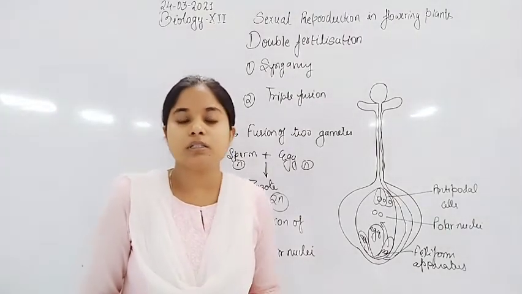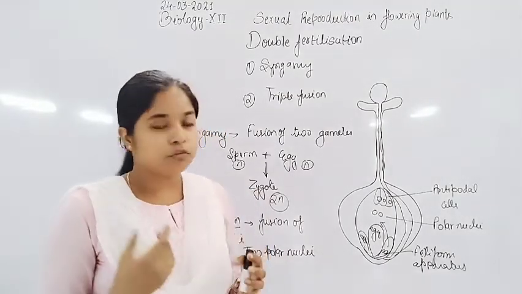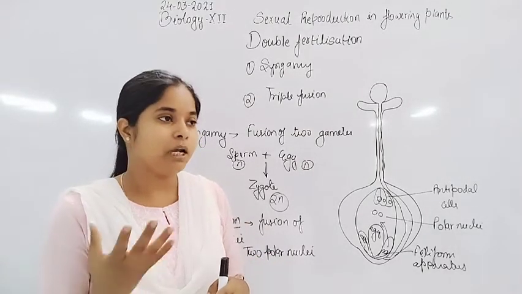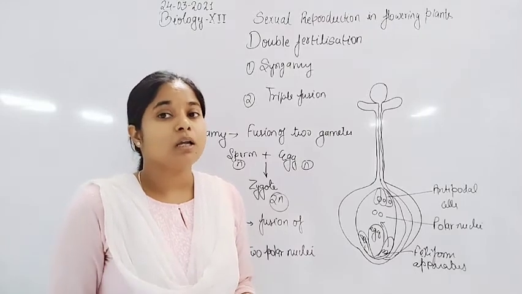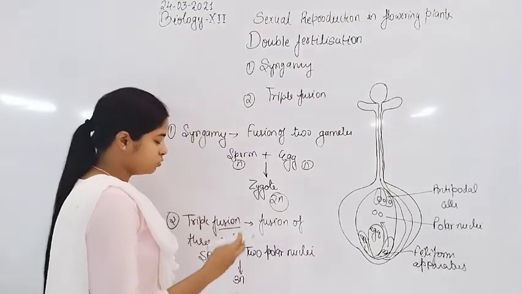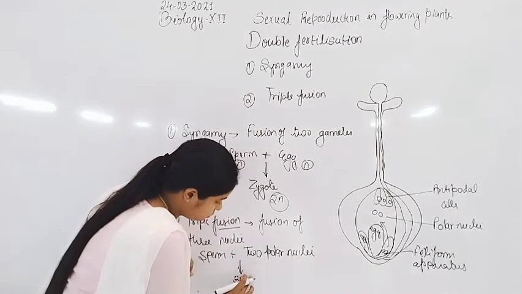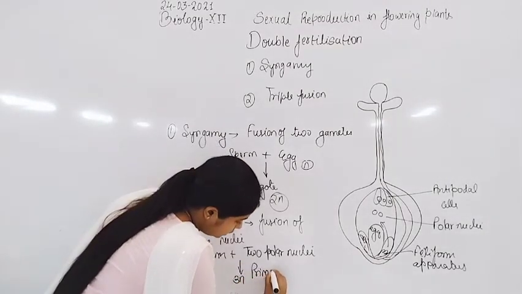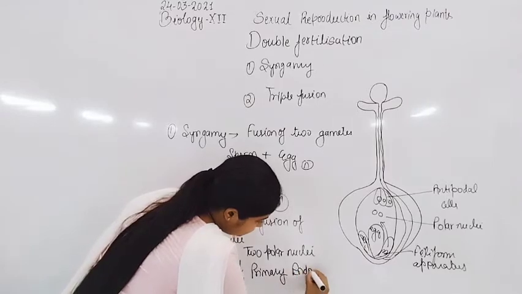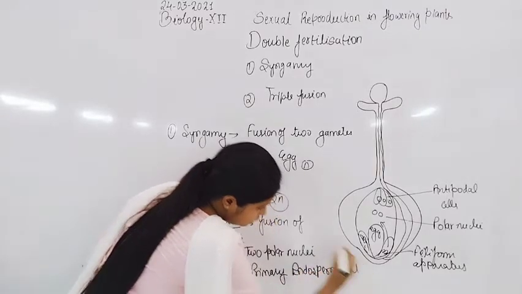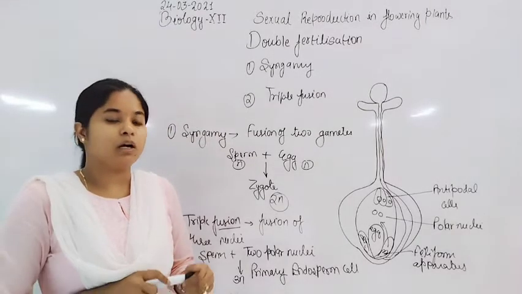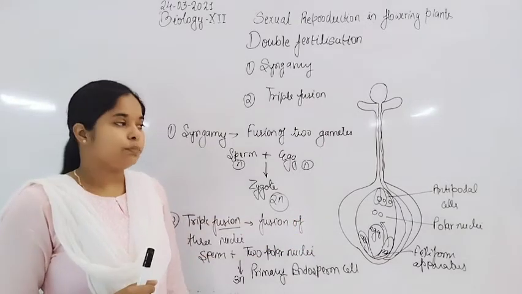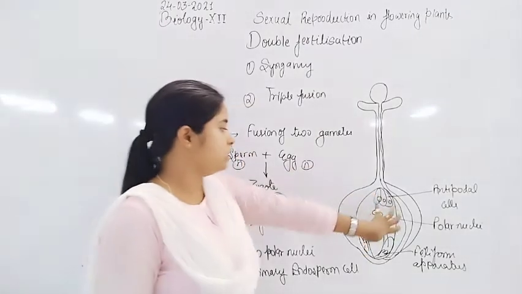The coconut water is actually multiple millions of nuclei, formed when the primary endosperm cell undergoes thousands of karyokinesis divisions. So what will form here? The triploid primary endosperm cell will form after the triple fusion.